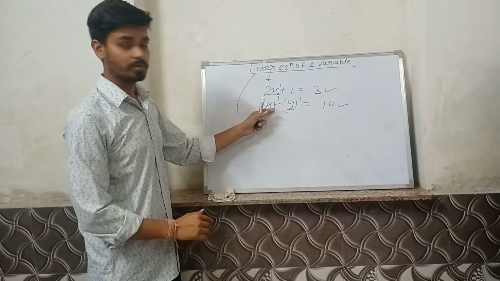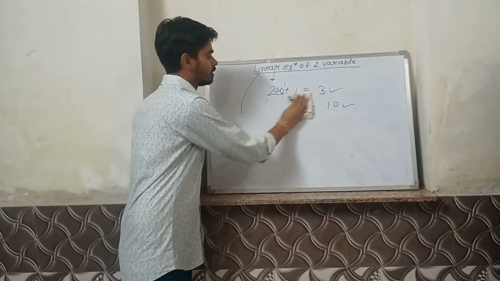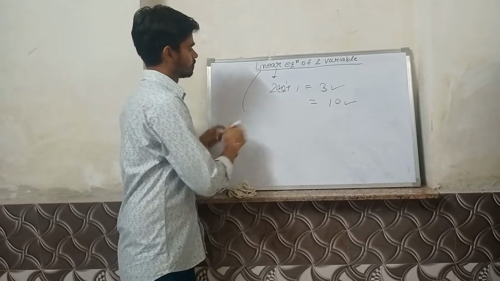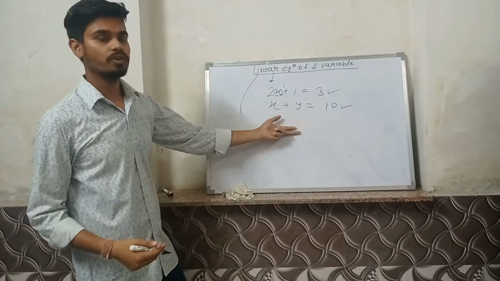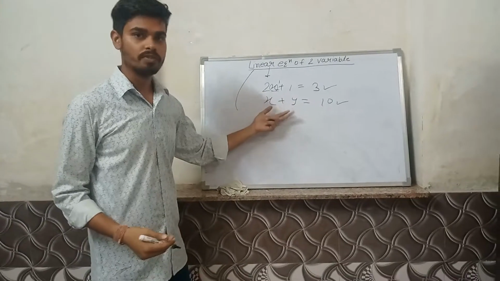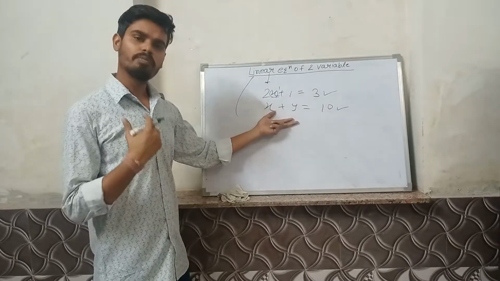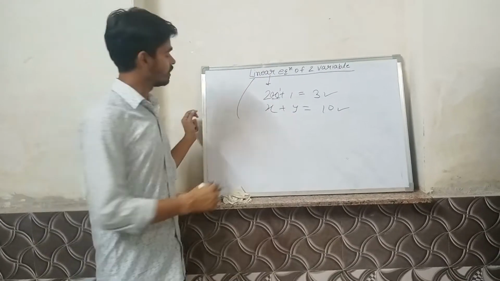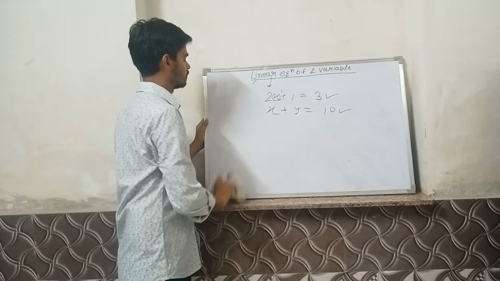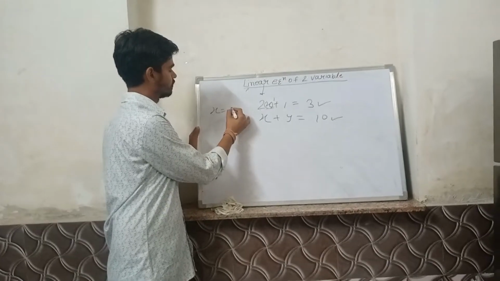For solving this equation, x plus y is equal to 10, we know there are infinite solutions which satisfy it, but for a simple calculation, we put x is equal to 0.